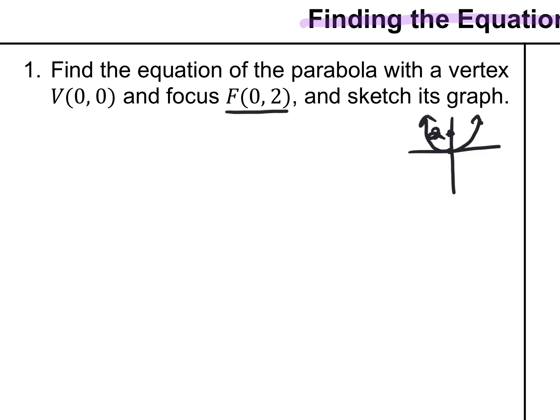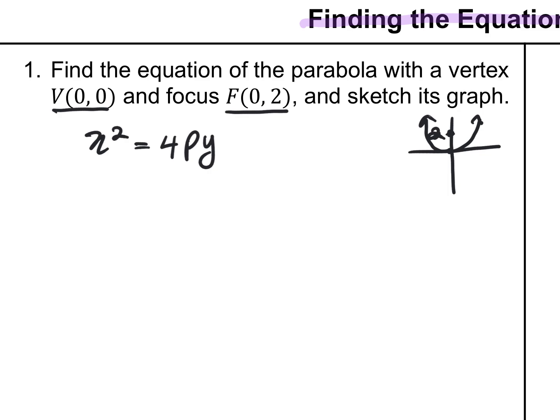Now, what is required here is that we get its equation. With these given requirements, this parabola is in the form of x squared equals 4py. Now let's determine the value of p.